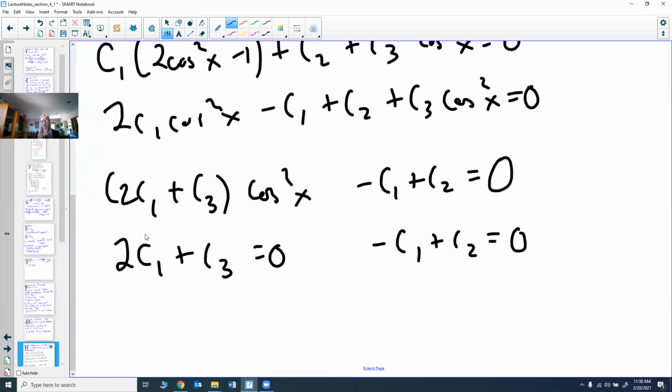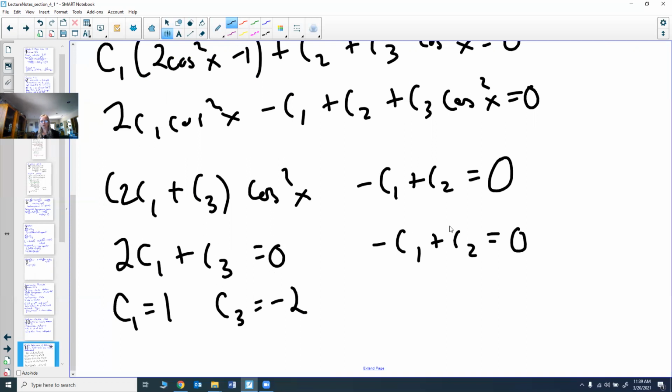In other words, is there any way I can have c1 be a value and 2 times it plus c3 would give me 0? Well, the simplest one is, what if I let c1 equal 1? Then 2 times 1 plus c3 equals 0. So that would mean c3 would equal negative 2. Well, that works okay, because if I put 1 in here and negative 2 in here, I'll get 0.